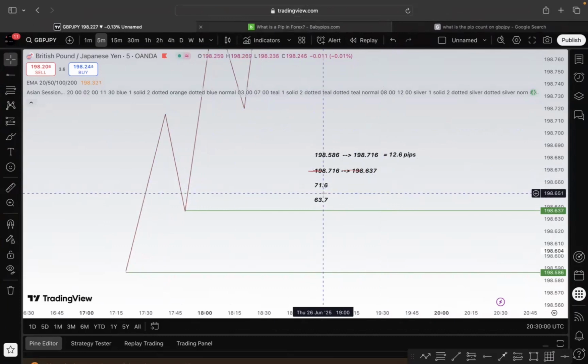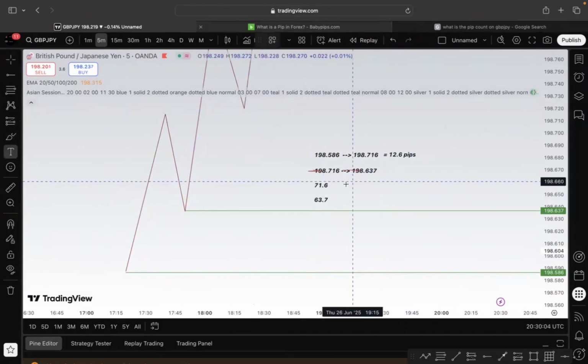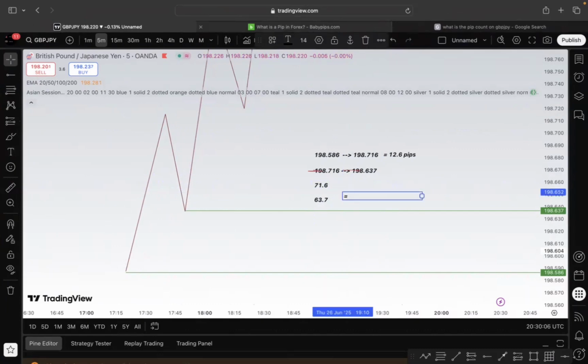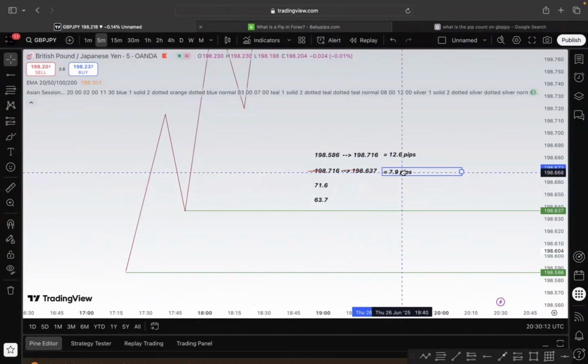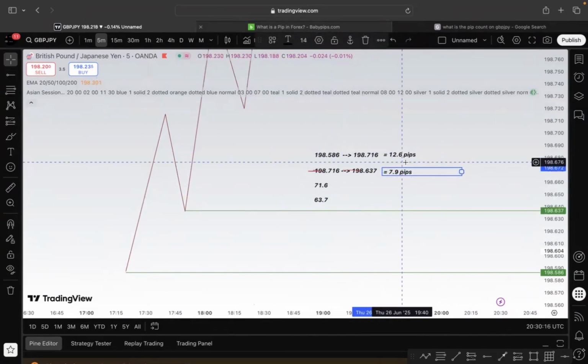Yeah, so it dropped by 7.9 pips. Okay, so I'll just write that here. So this is it. Okay. So basically, this is how we calculate pips. You identify your pip count, and then you start calculating from there.